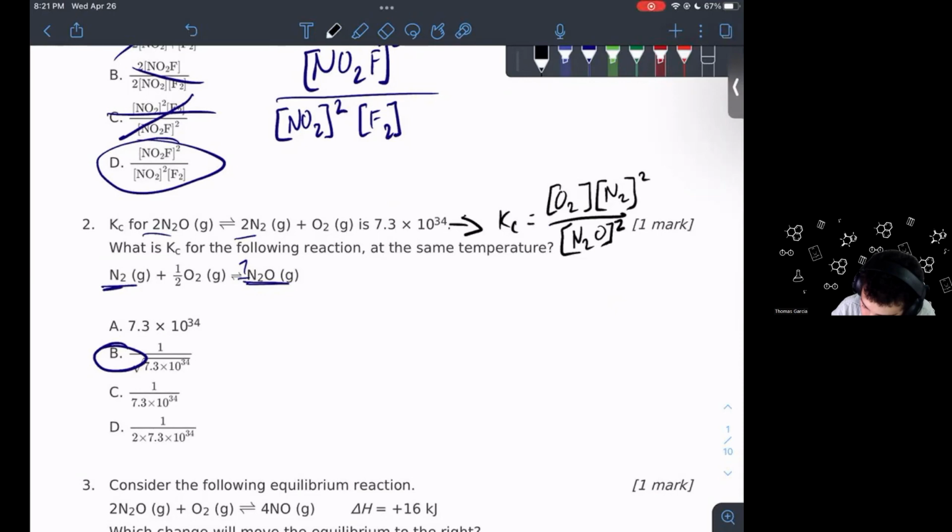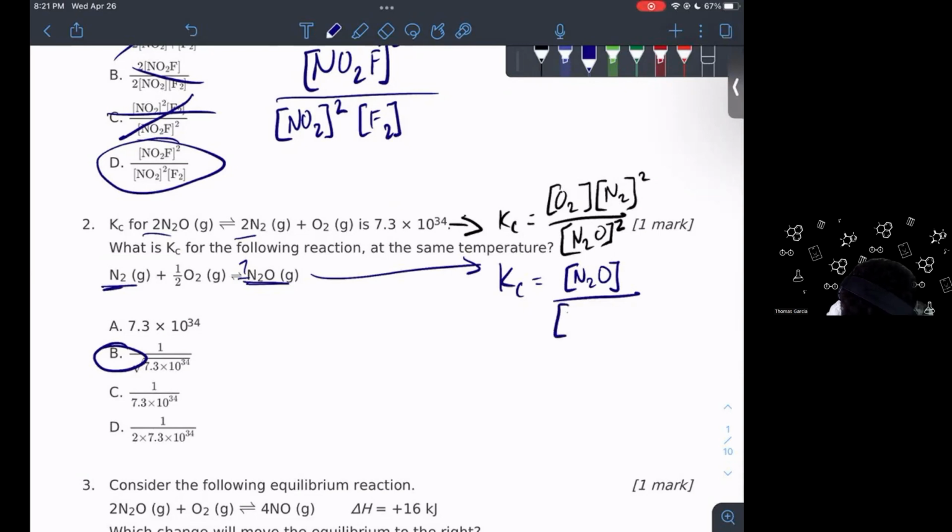Our Kc for the reverse is equal to, now, N2O to the first power over O2 to the 1/2 power and N2 to no exponent.